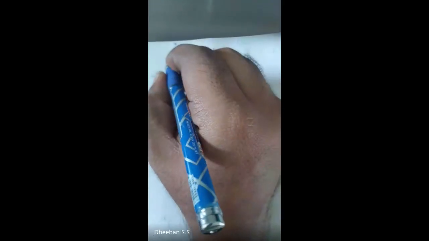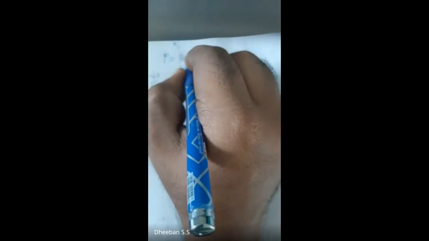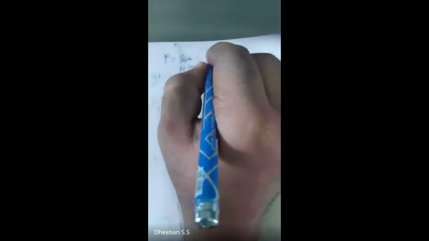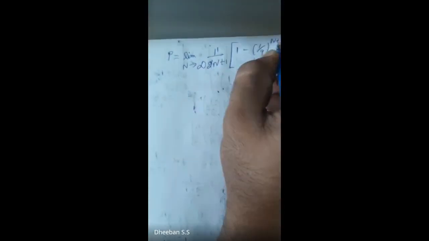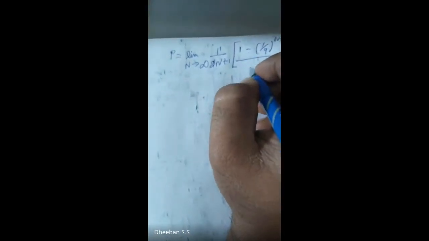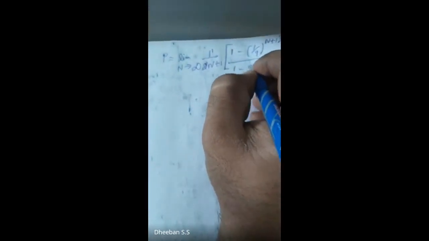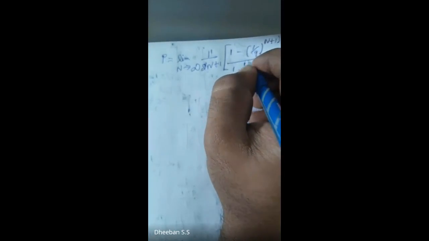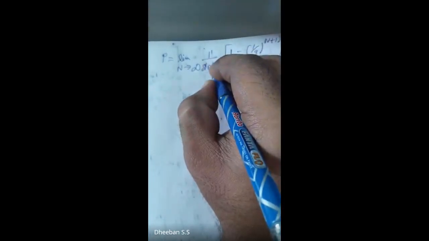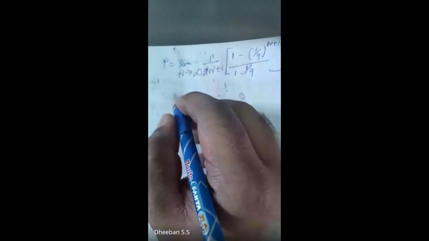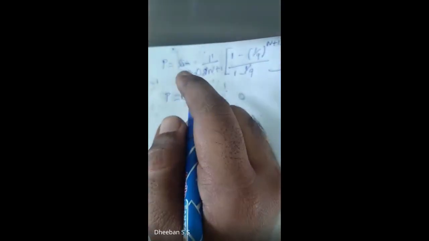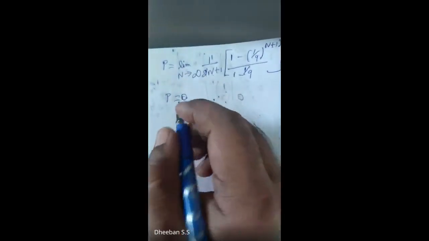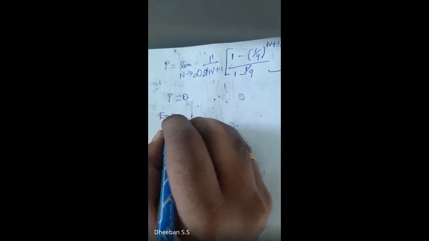Writing P again: limit N tends to infinity, 1 by 2N plus 1 into (1 minus (1/9) the whole power N plus 1). You can even solve this bracket, but again you'll be getting the value 0, because here it is 1 by infinity. So as per the condition, the energy is finite.